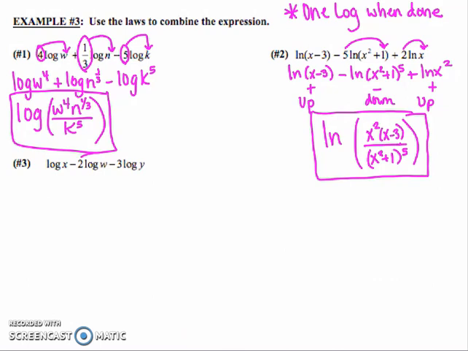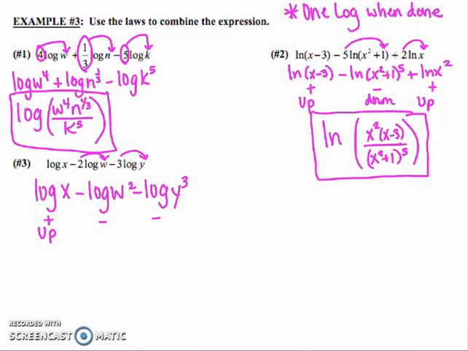So in this example, we're going to restore our coefficients into exponents first. So we're going to have log x minus log w squared minus log y cubed. Okay, and then I'm going to do the same thing that I did in the previous problem. This term is positive, so I know it's going to be upstairs in my quotient.